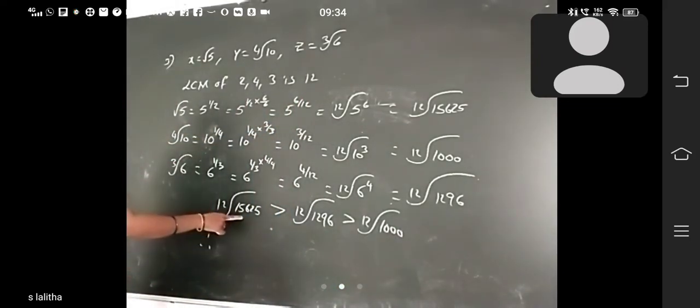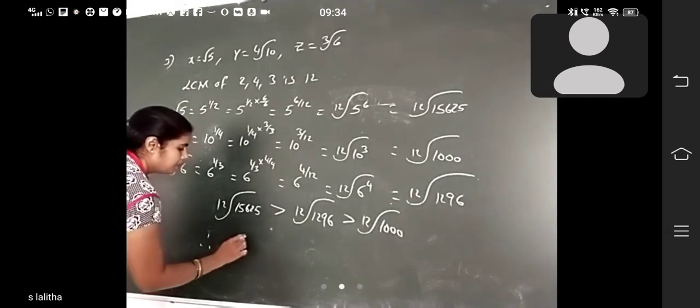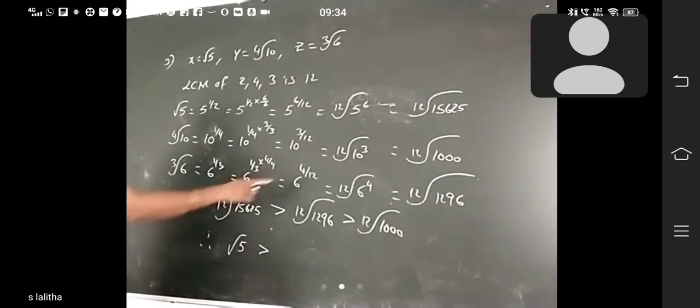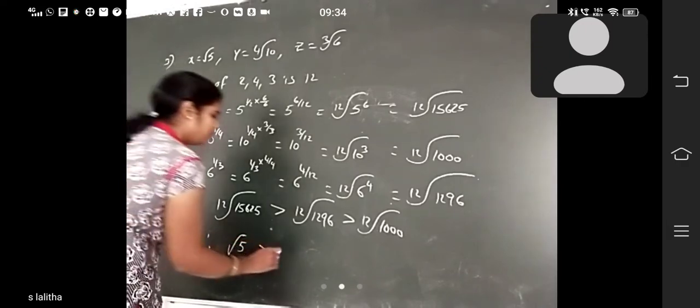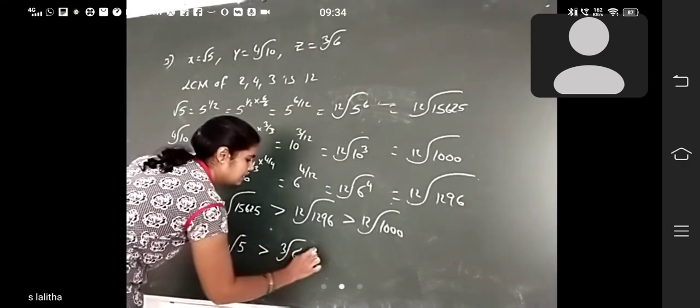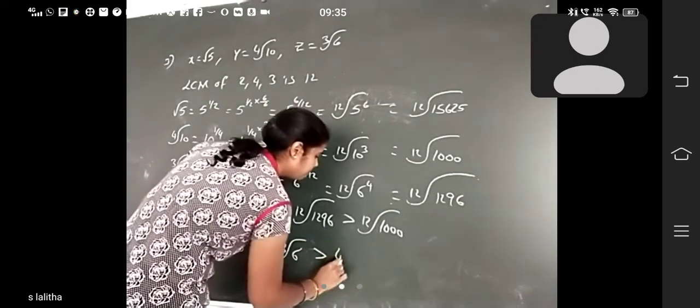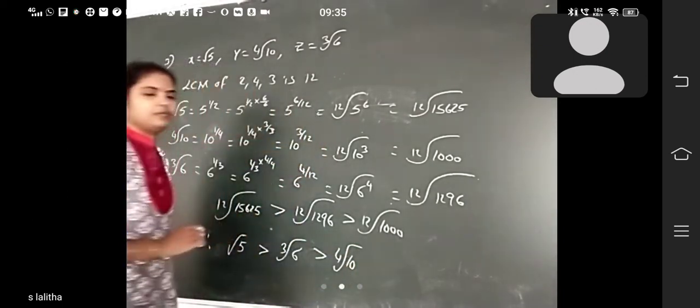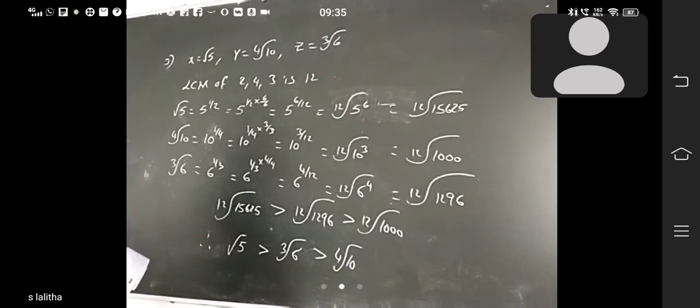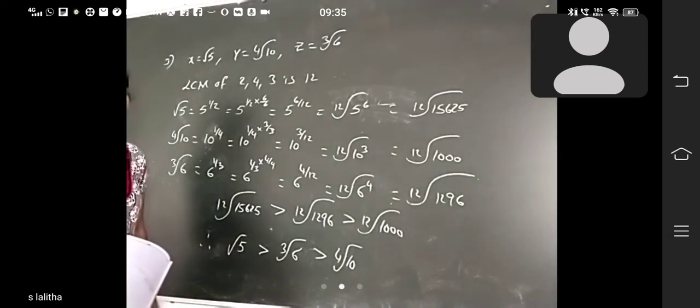So 12th root of 15625 is root 5, 12th root of 1296 is cube root of 6, and 12th root of 1000 is 4th root of 10. Okay, ma'am? Like that you should find the descending order or ascending order.